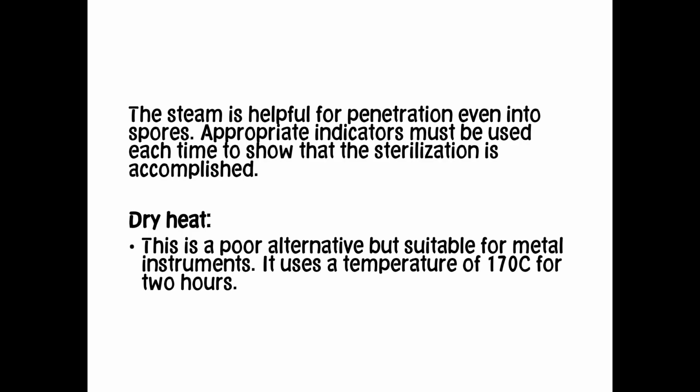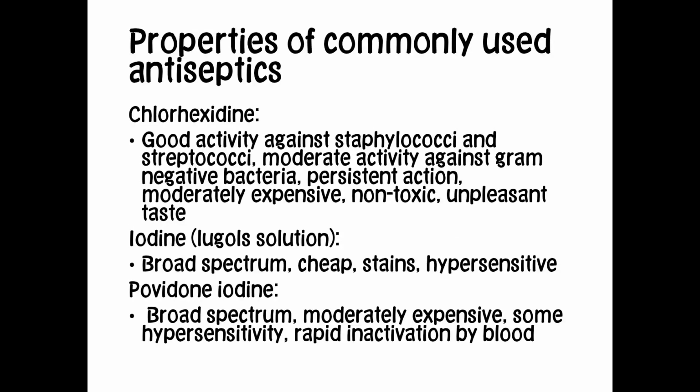So remember, autoclaving has the ability to kill spores and microorganisms, so it is the preferred mode of sterilization for surgical instruments. Dry heat could be an alternative, but it does not kill spores, and so it's not reliable as such.